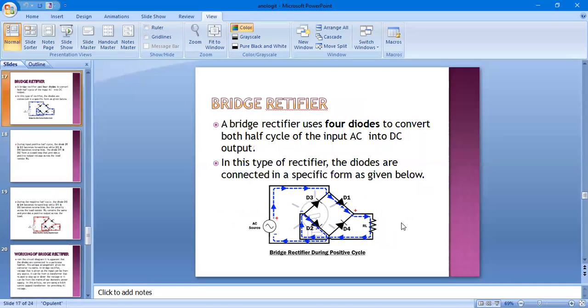Bridge rectifier. A bridge rectifier uses four diodes to convert both half cycles of input AC into DC output. In this type of rectifier, the diodes are connected in the specific form as given below.